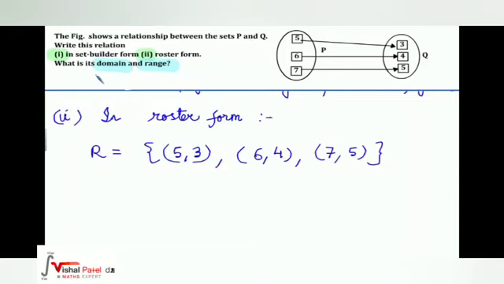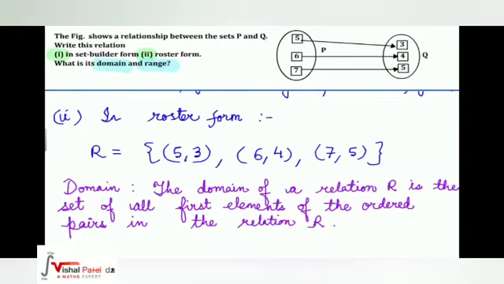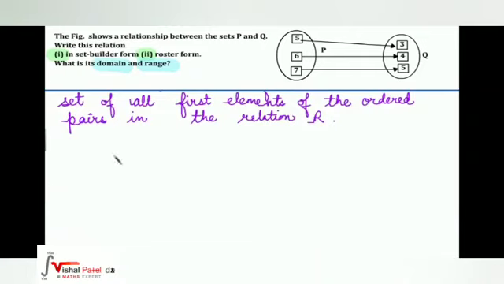Using roster form we can easily find domain and range. Domain is the set of all first elements of the ordered pairs in the relation R. So the domain of relation R is equal to {5, 6, 7}.